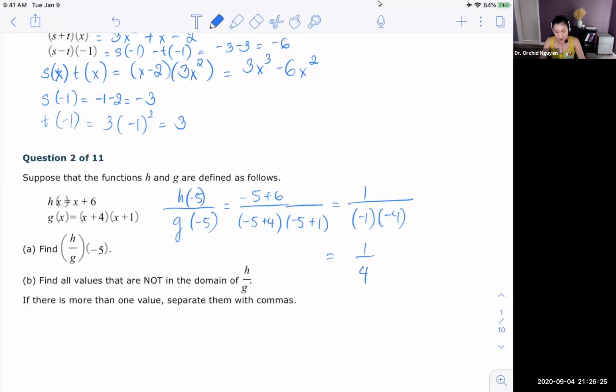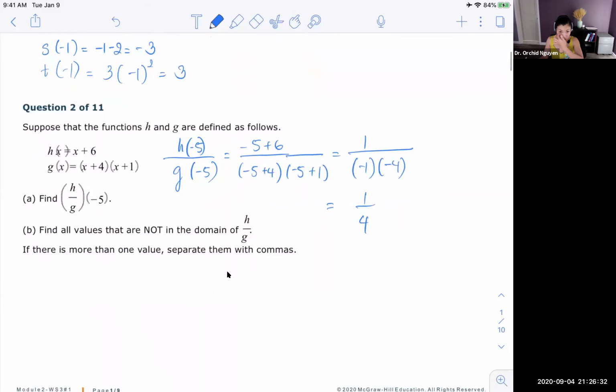Okay, find all the values for part B, find all the values that are not in the domain. So pretty much what I just mentioned earlier, we don't want the denominator to be 0. So the values that make the bottom equal to 0 are these.